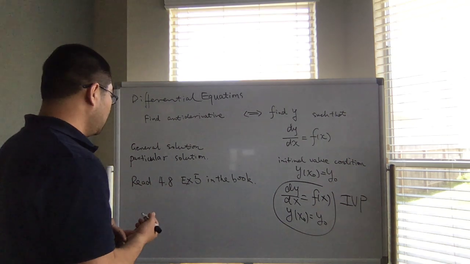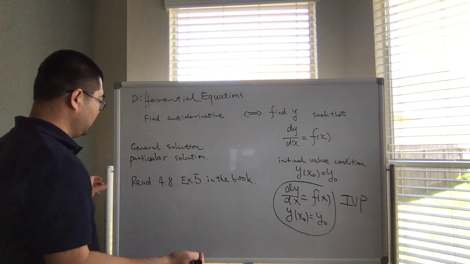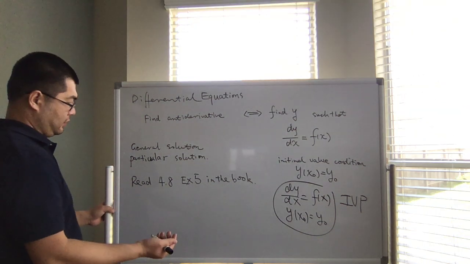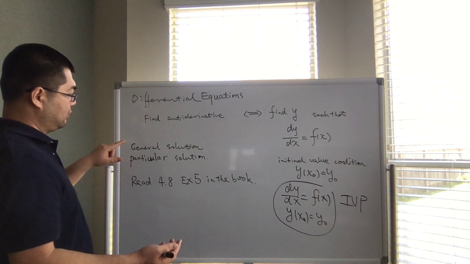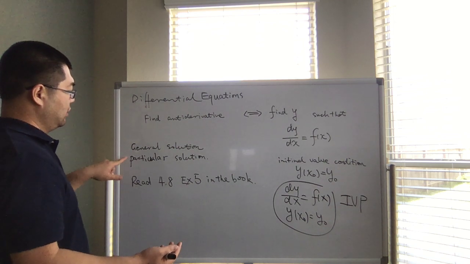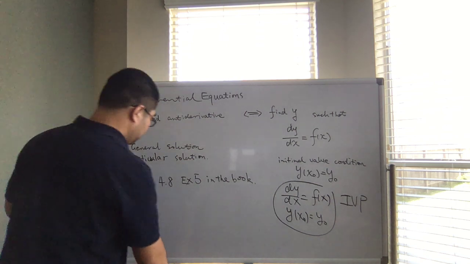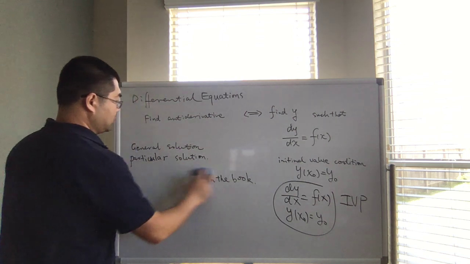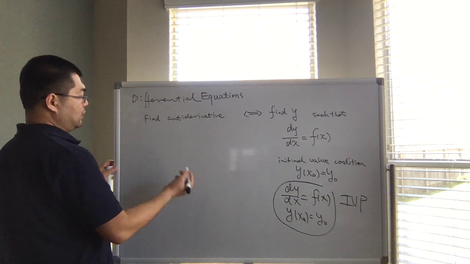Maybe let's look at one of the examples here, guys. Later on, I'll also introduce what is called the general solution and what is the particular solution. Let's stay on this board and look at this problem.